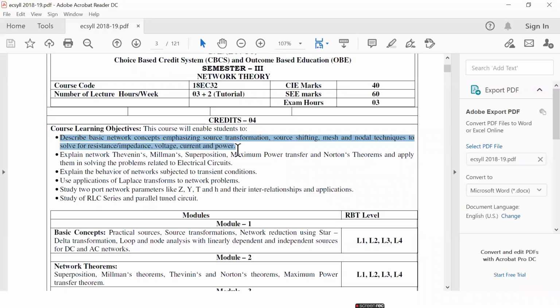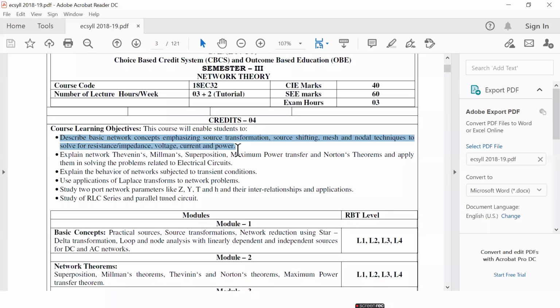After discussing the definitions of all those things, we discuss what you mean by star connections and delta connections. After that, we discuss source transformation. Before that, you will come to know what you mean by source, and types of sources like current source, voltage source, dependent, independent. All those things will be discussed.